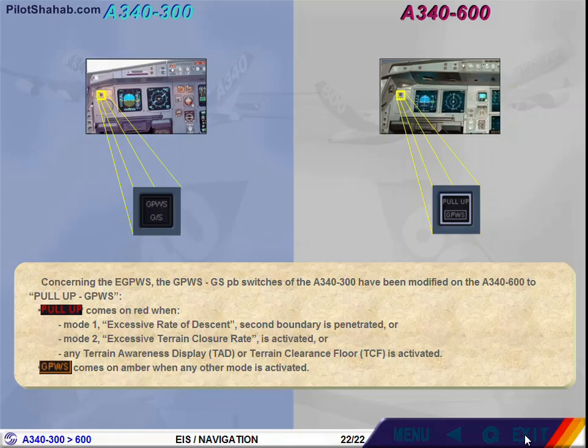Pull up comes on red when Mode 1, excessive rate of descent, second boundary is penetrated, or Mode 2, excessive terrain closure rate is activated, or any terrain awareness display, TAD, or terrain clearance floor, TCF, is activated. GPWS comes on amber when any other mode is activated.